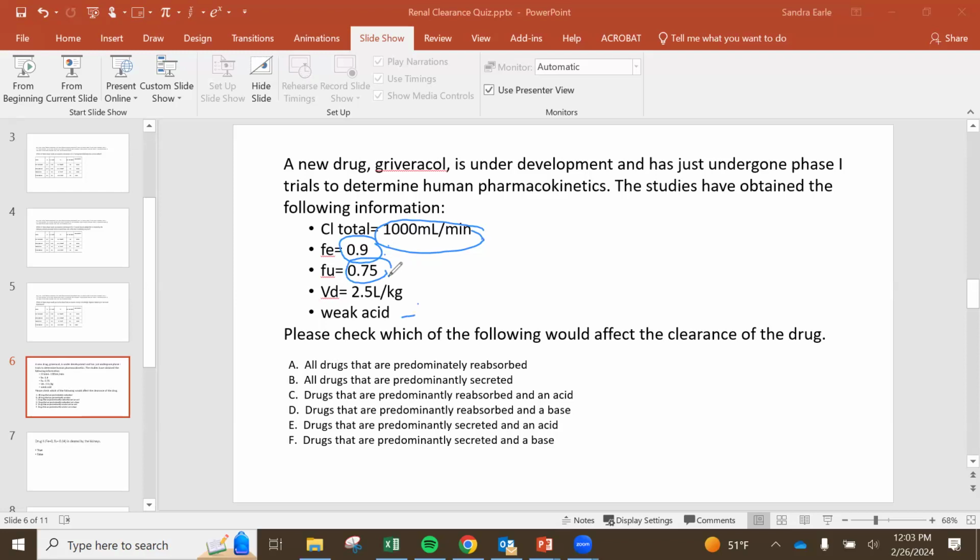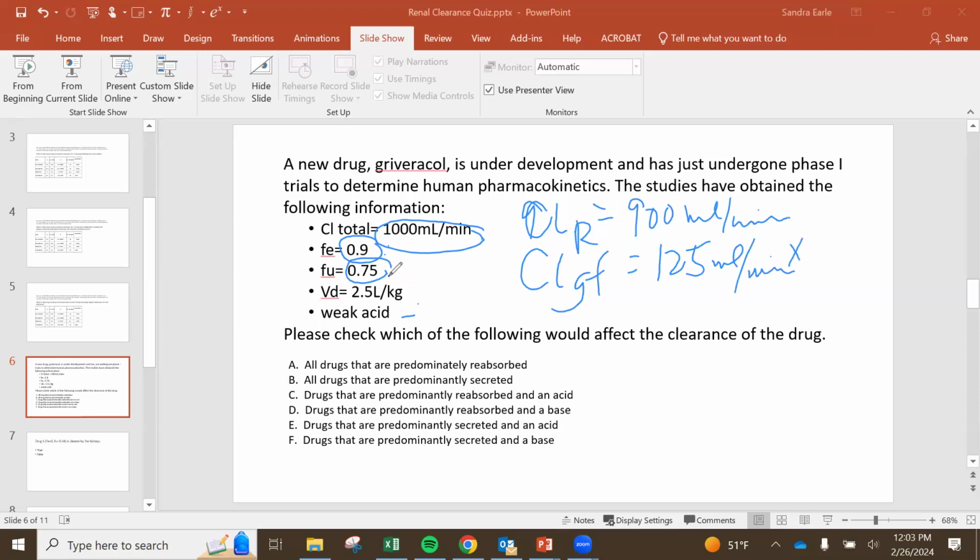Okay, so let's figure out how this drug is mostly cleared by the kidney. So the renal clearance is going to be 900 mils per minute. We can do that without a calculator. How about our glomerular filtration clearance? Well, we're in mils per minute, so 125 mils per minute times the fraction unbound, which is 0.75.